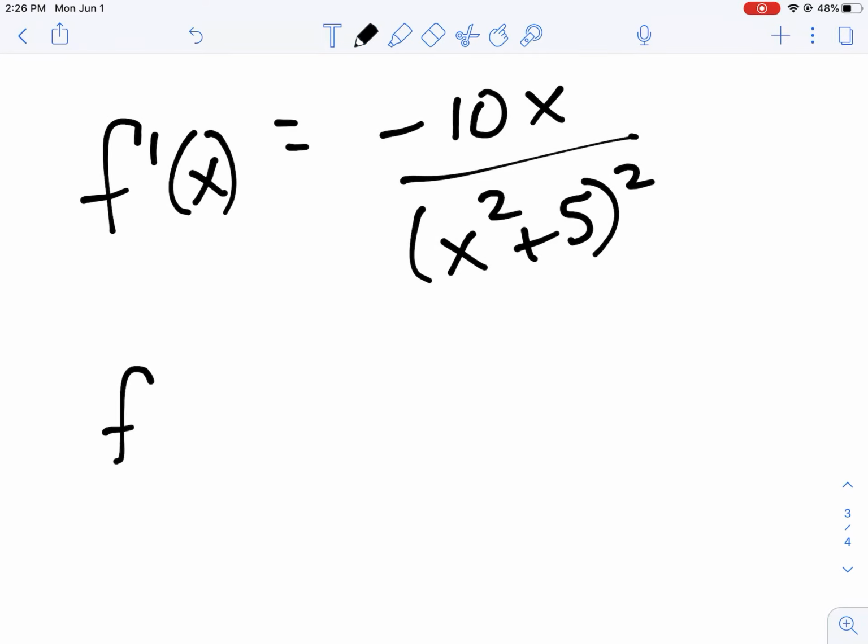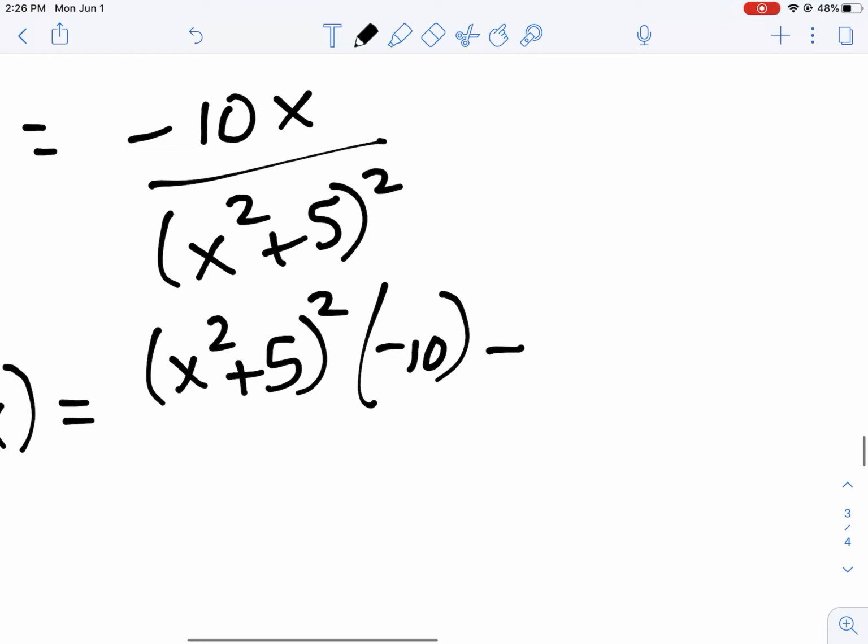Our second derivative would be the bottom, x squared plus 5 squared, times the derivative of the top, which is negative 10, minus the top, which is negative 10x, times the derivative of the bottom.